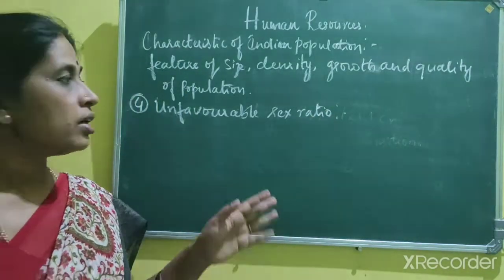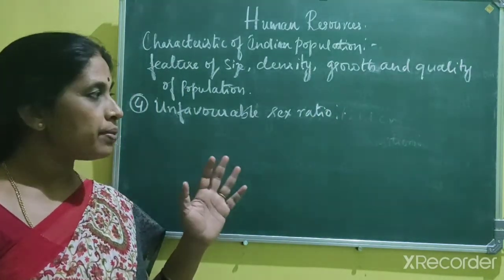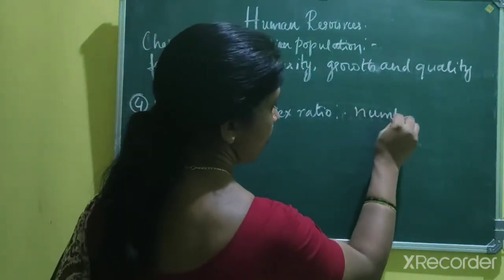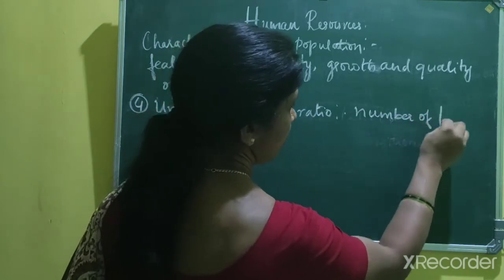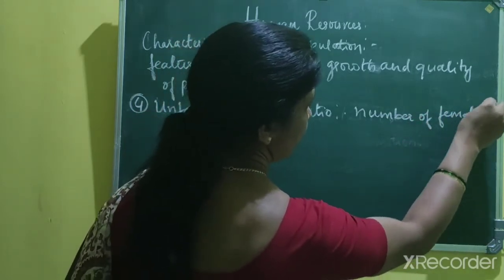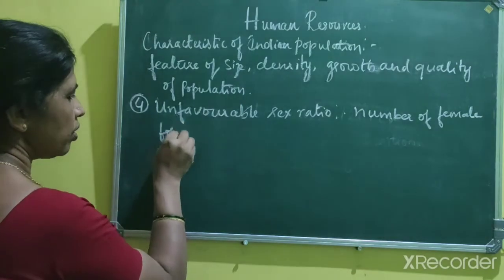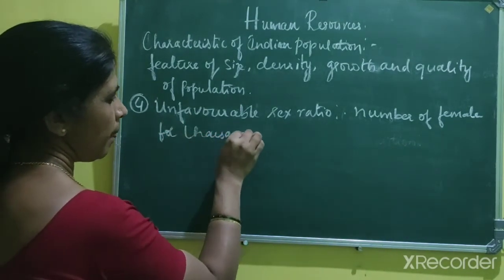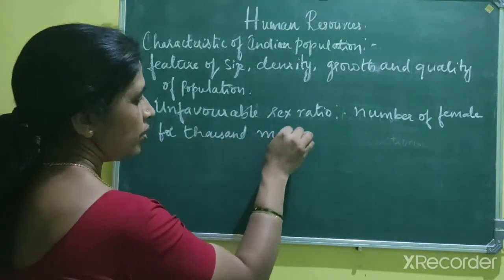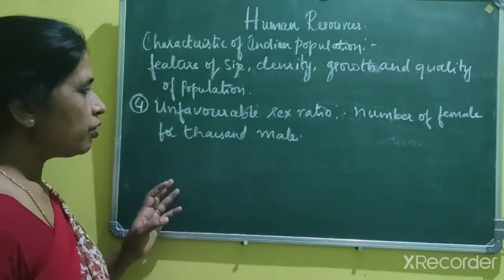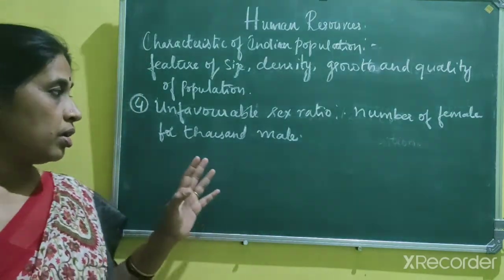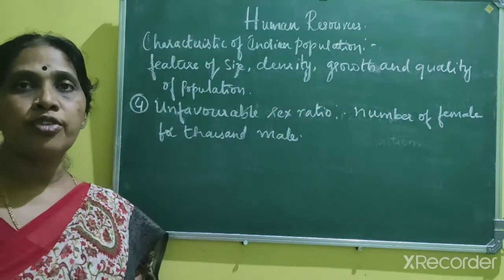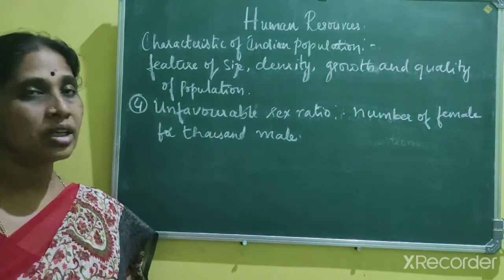It means the number of females per 1000 males. In India you find it unfavorable. According to the 2011 census, the number of females per 1000 males is 943.